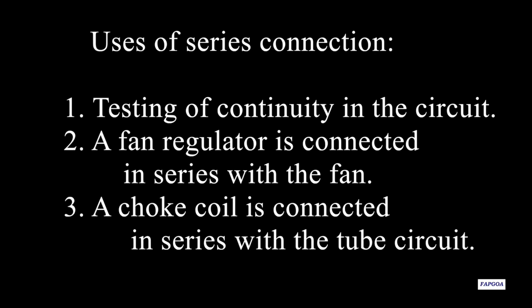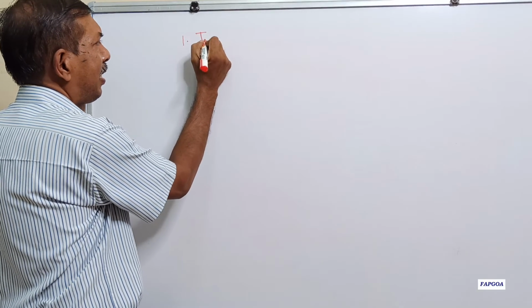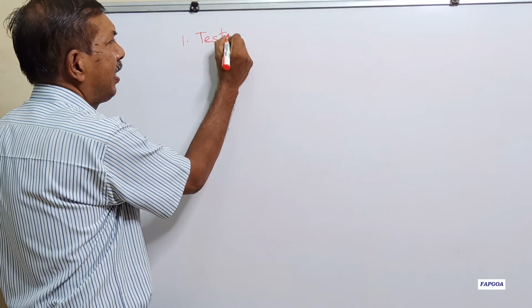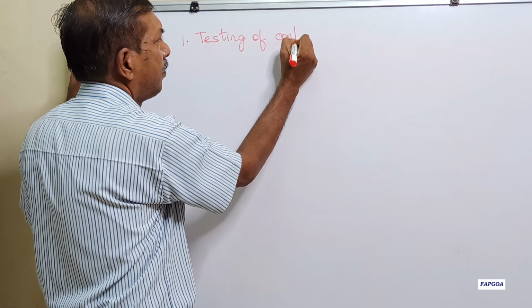Now, uses of series connection. Series connection is not used for house wiring, but still it is a very important connection. Where is it used? Number 1, it is used for testing of continuity.